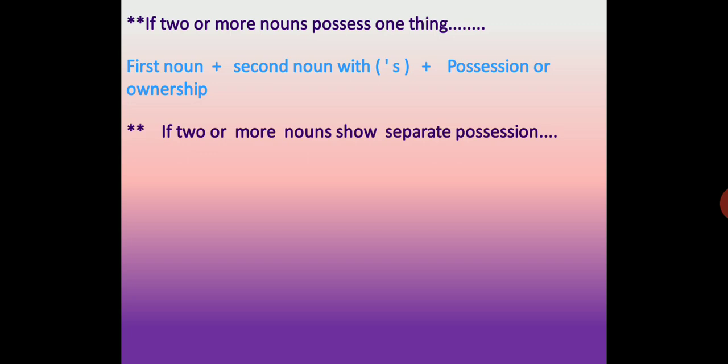But here we are talking about two different nouns that possess different things, their own possessions. They have the same kind of thing, but they have their own personally, separately. Then what can we do? First noun with apostrophe s, second noun with apostrophe s, and then possession or ownership.